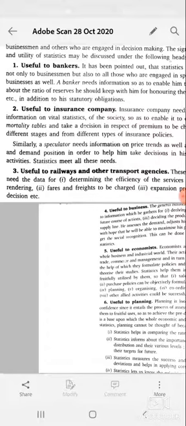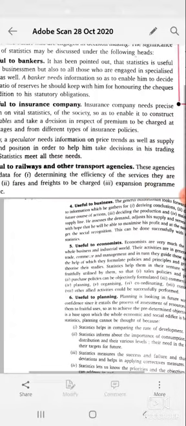Third, it is useful to railways and other transport agencies. There are roadways, railways, airways and different ways of transportation. The transportation of people and goods has some data.